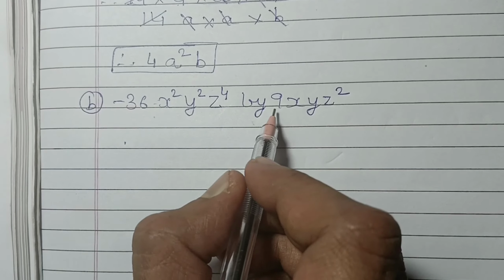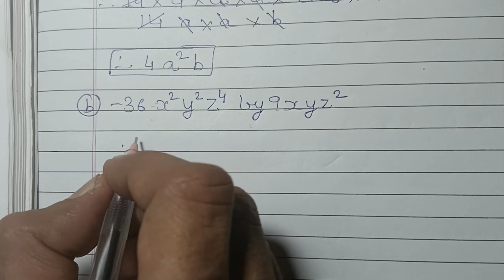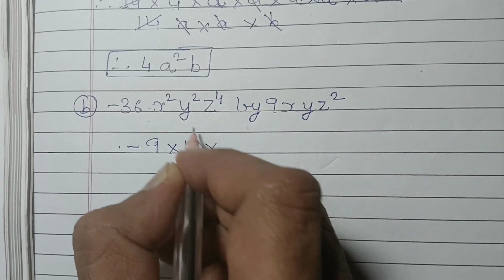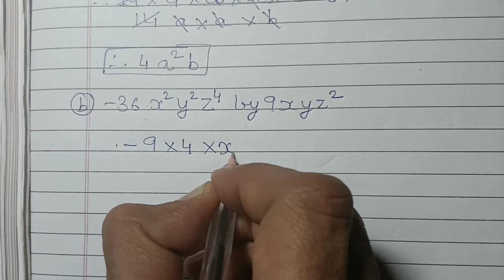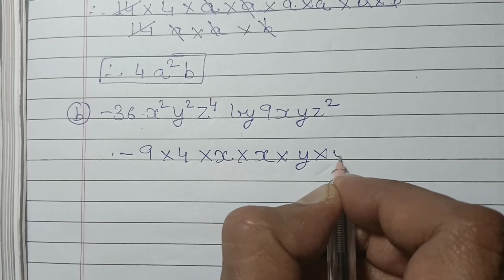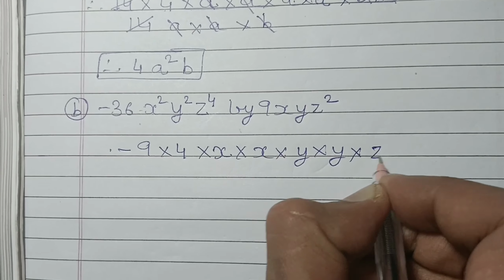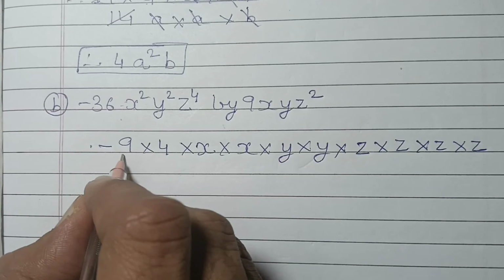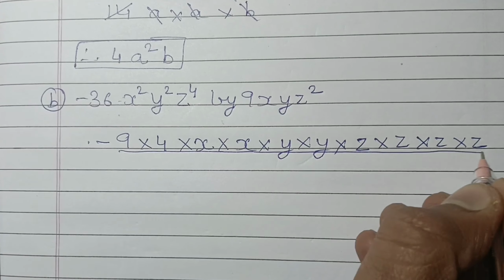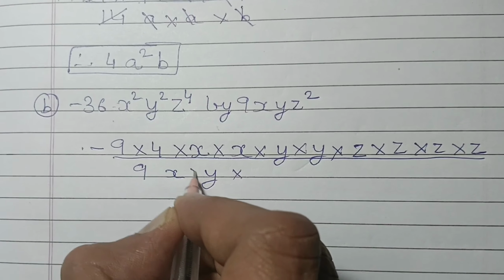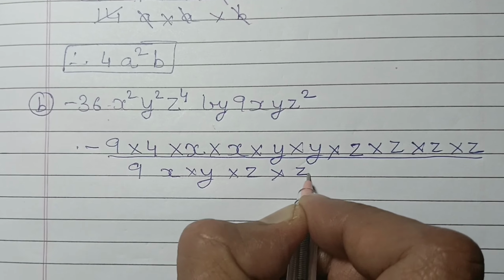If we factorize this term, then it will become 9 4s are 36 into x square, so we will write x 2 times, and y square, so y 2 times, and z to the power 4, so we will write z 4 times, divided by 9x y, and we'll write z 2 times.